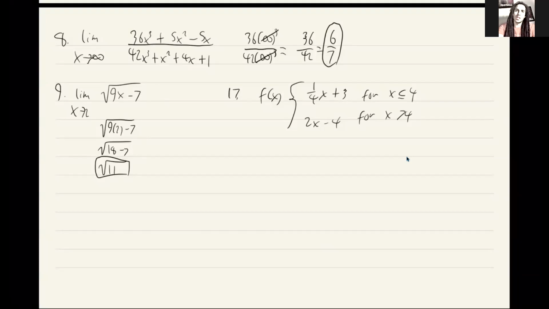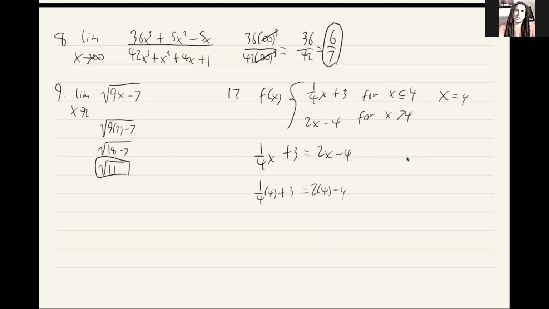So on the left side, we have 1/4 x plus 3 equals 2x minus 4. At x equals 4, we are going to plug in the 4 into the equation, and we will determine whether these two sides match.